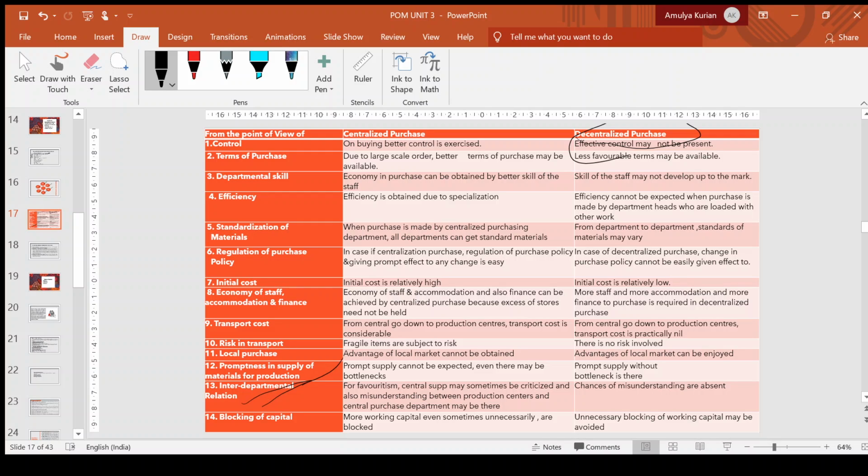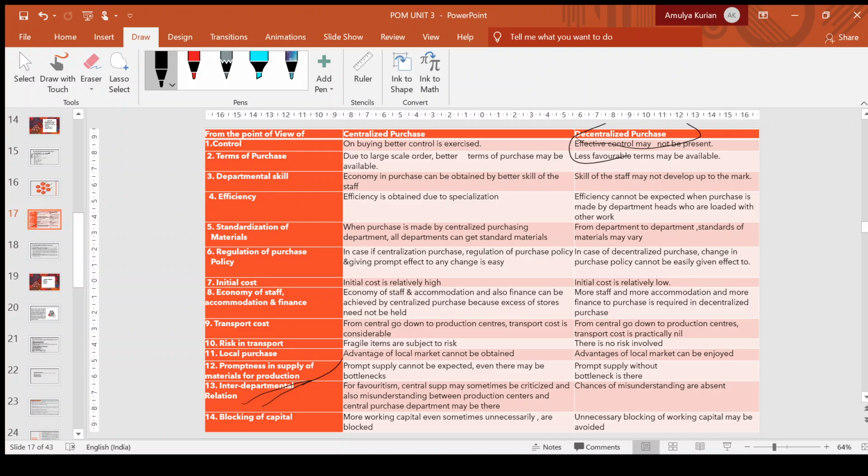Now coming to the last session of today's module: the factors considered for selection of suppliers. For the quality of your product or the quantity or whatever is related to your raw materials, much will depend upon the supplier who is supplying. If the supplier is reliable, half your work is done.